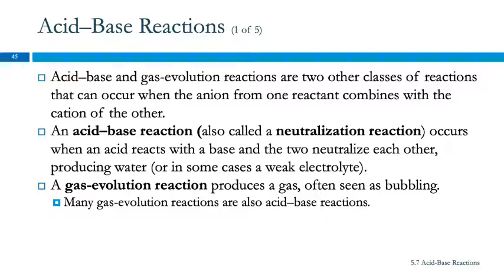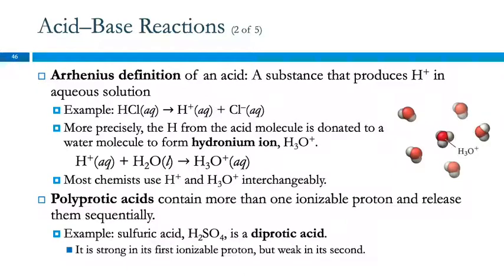So, acids and bases. We said that an acid was an ionic compound that formed hydrogen ions in solution. There are more specific definitions, and those will become a little more important in Chem 1B, but we'll introduce you to this name here. Arrhenius.